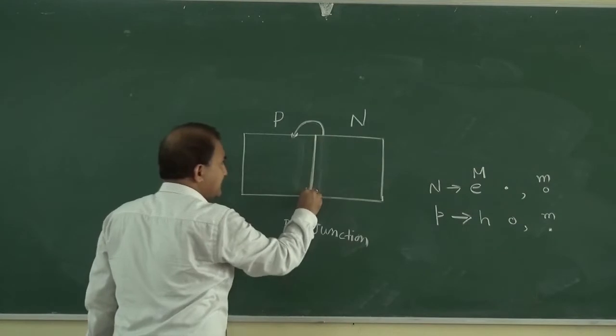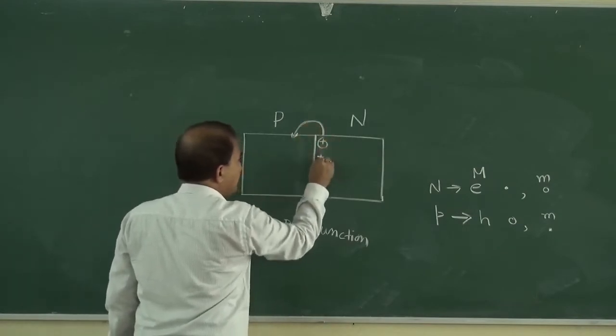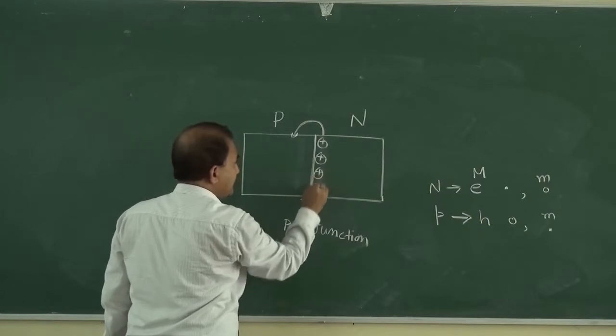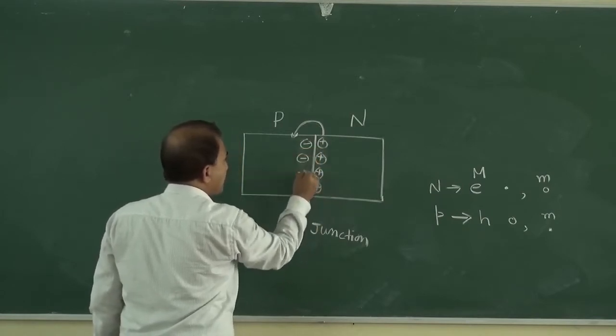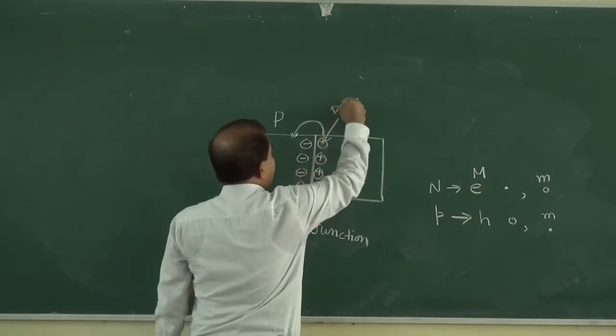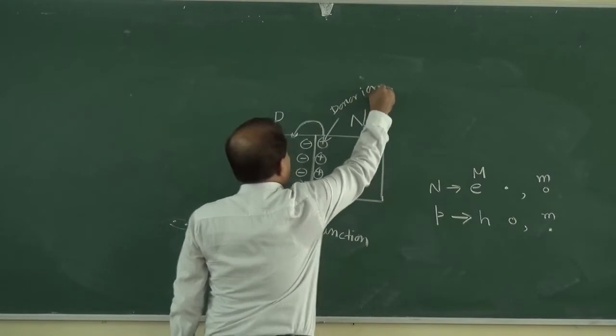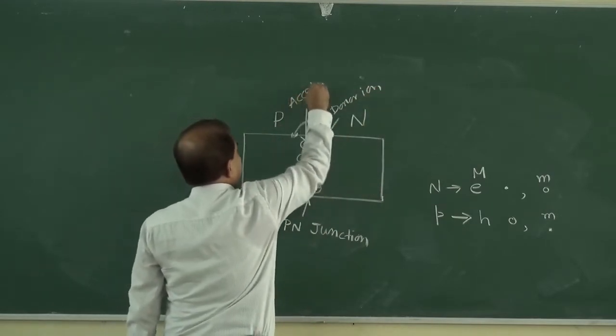Across the PN junction, you can see this is the donor end and this is the acceptor end.